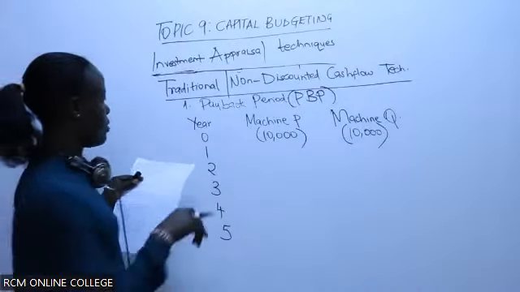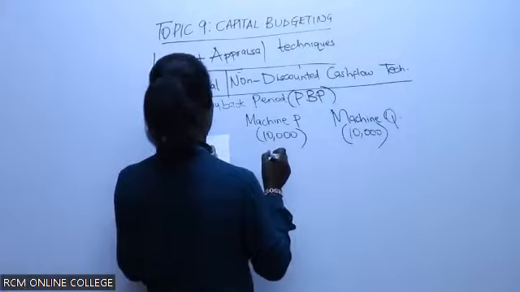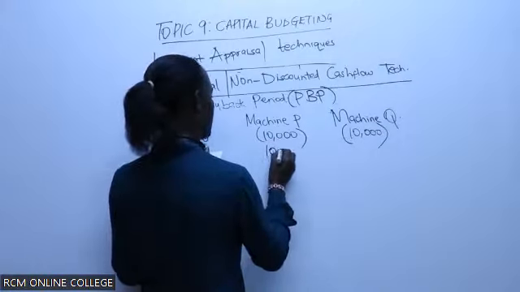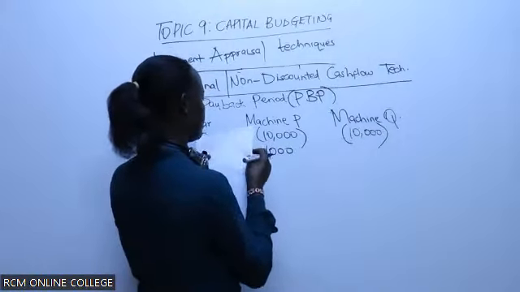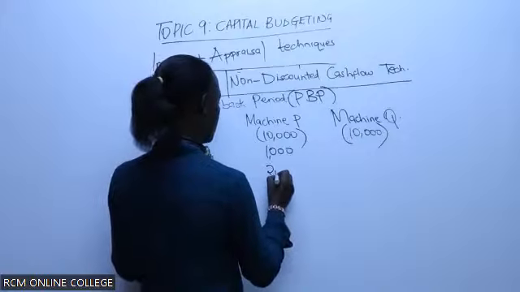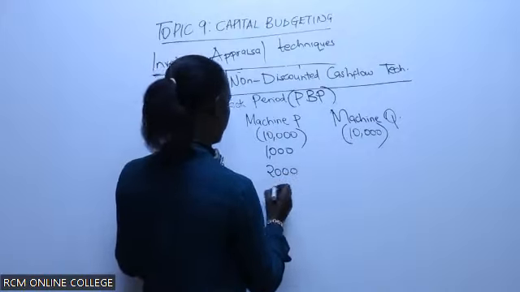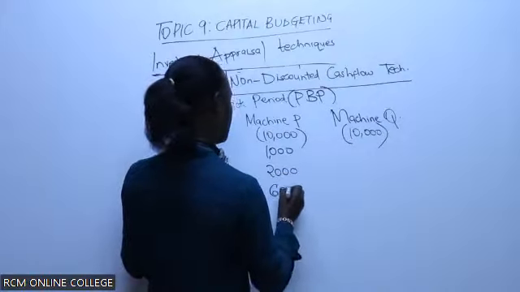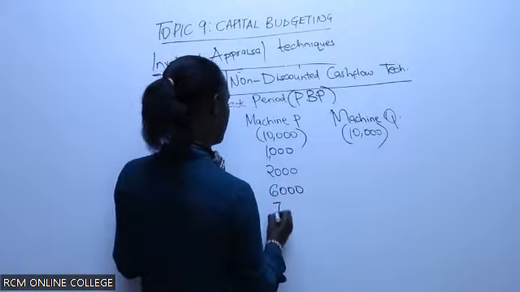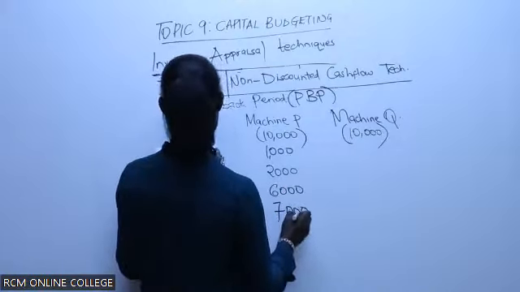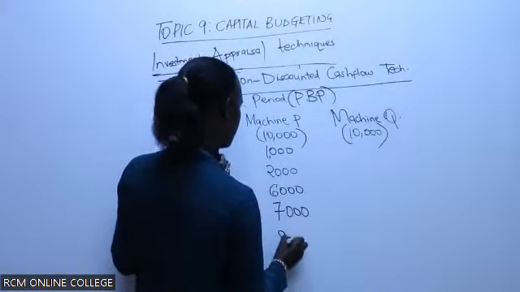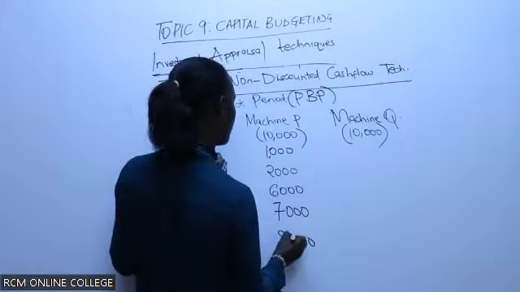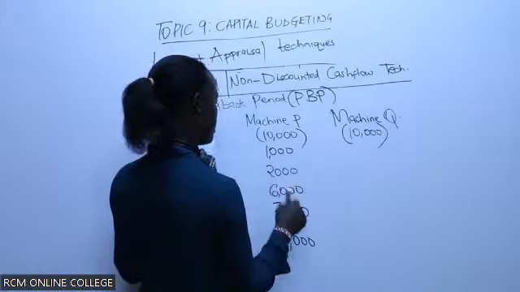The first year on machine P has 1,000. So I'll key in the values for machine P first. We have 1,000, 2,000, 6,000, 7,000, and finally 8,000. So we have 1, 2, 6, 7, 8.